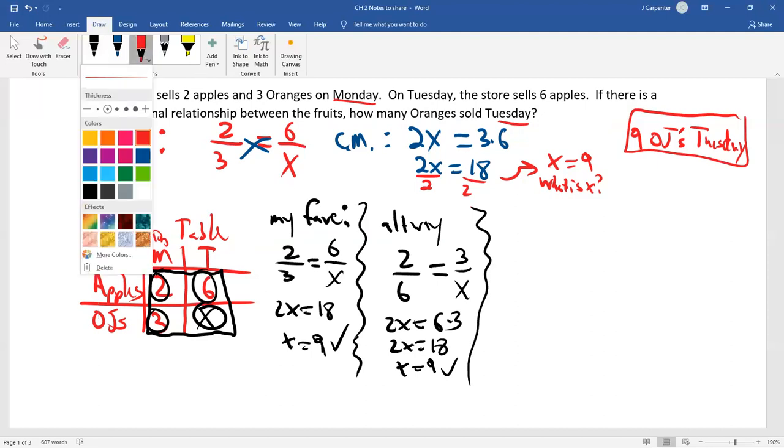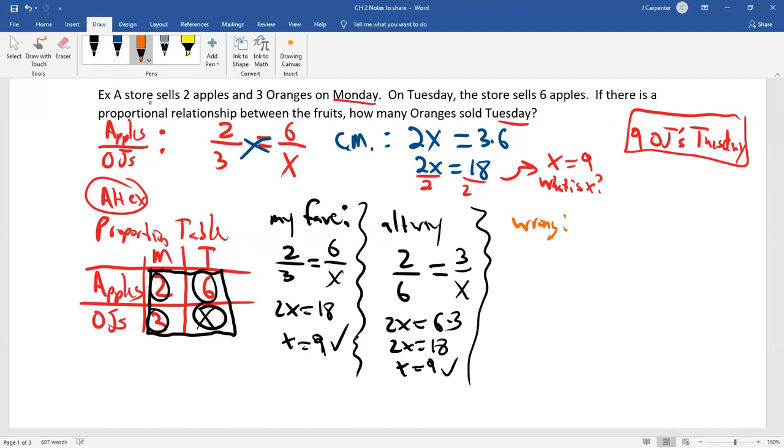Now, and I'm going to do this in orange since I got a lot of red on the screen already, a wrong way. Again, there is 8, arguably 16 different ways to take these 3 numbers and a variable to set up a fraction equal to a fraction and get the answer right. Instead of going 2 over 6 equals 3 over x, I could have gone 6 over 2 equals x over 3. I could go from right to left.